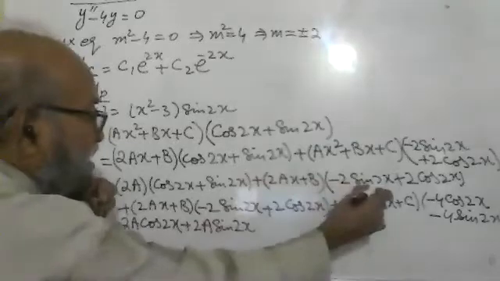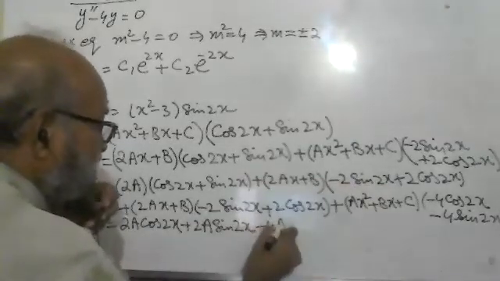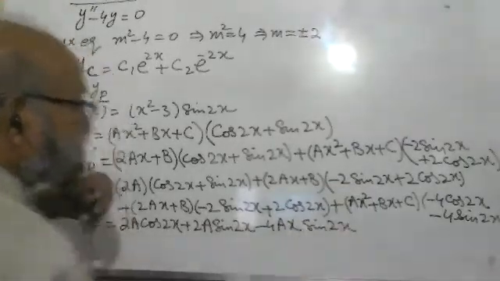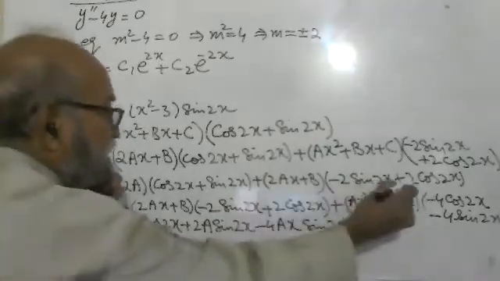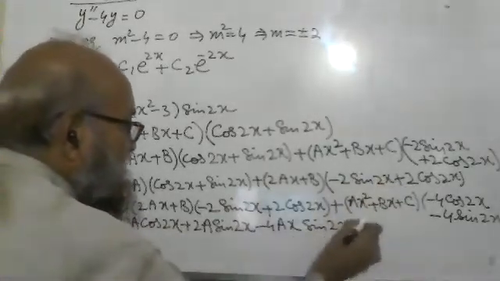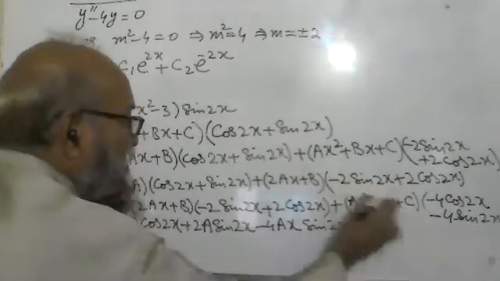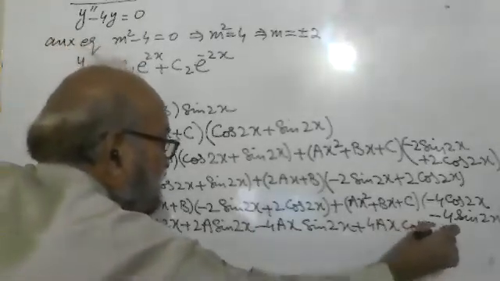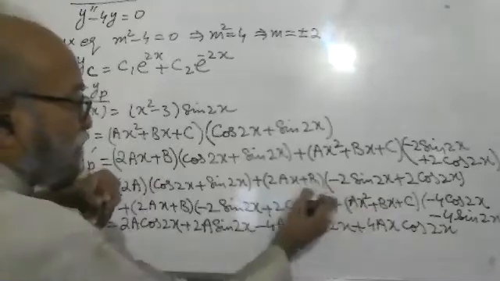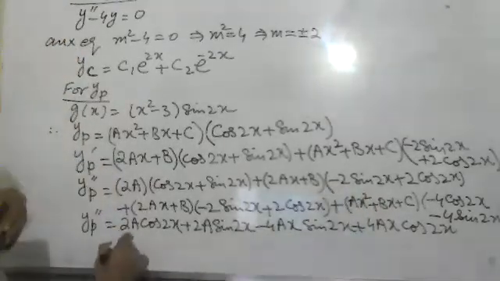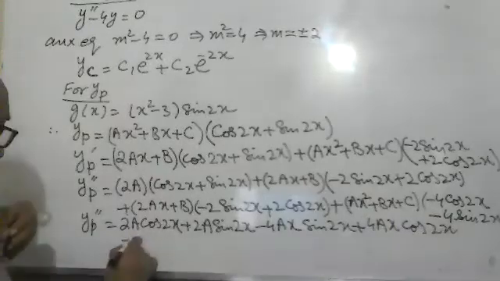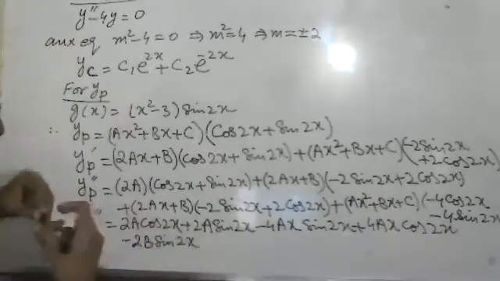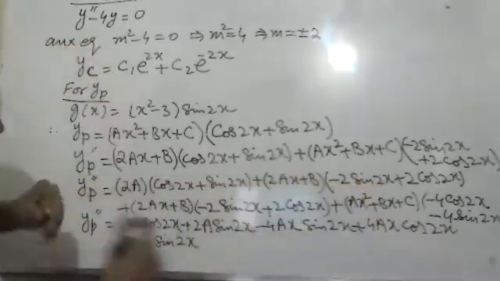Then 2ax is multiplied with this one, minus 4ax sine 2x. 2ax will multiply with this one, plus 4ax cos 2x. Then we multiply b into this one, minus 2b sine 2x. Then plus 2b cos 2x.